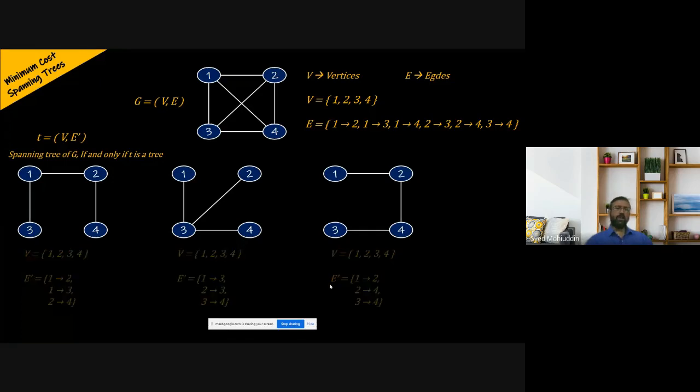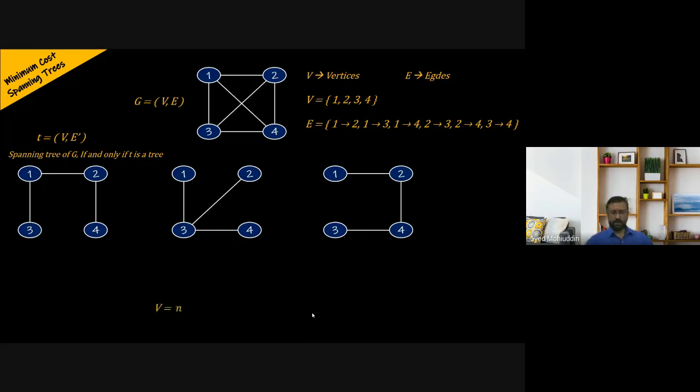Now, usually what happens is, if there are n number of nodes or vertices, then in the spanning tree there will be minimum n minus 1 edges.